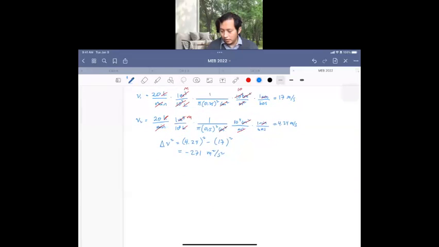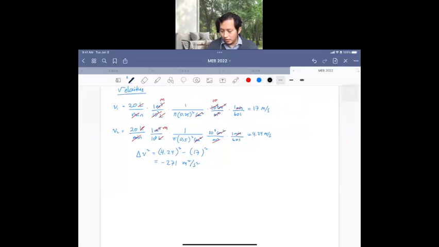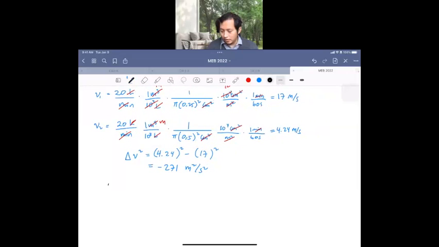Now we are going to involve the energy balance, which we can write. First we can write delta V squared divided by 2 plus g delta z. Okay.